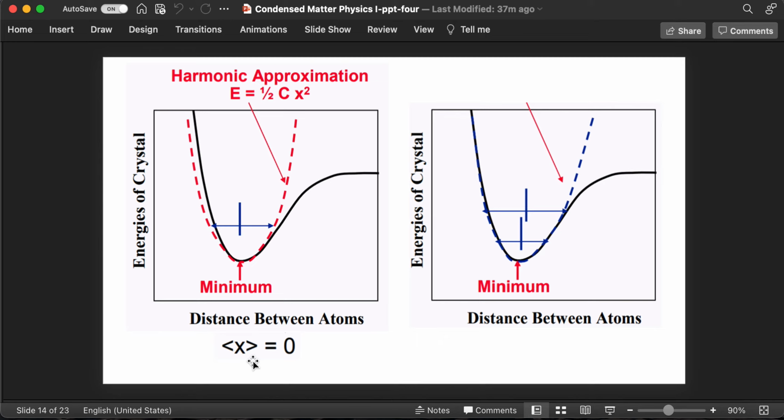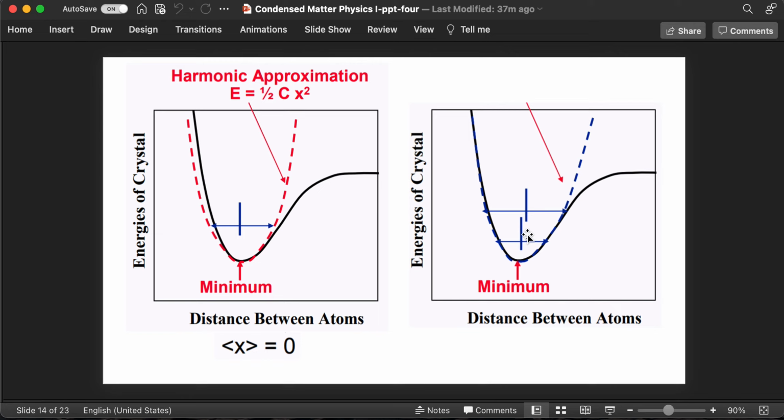Whereas if you actually consider the asymmetric potential, if you are at a minimum, there is some value for x average, and as you go to higher and higher energy states, the average distance between the atoms increases. And when do you go to higher and higher energy states? When you increase the temperature.